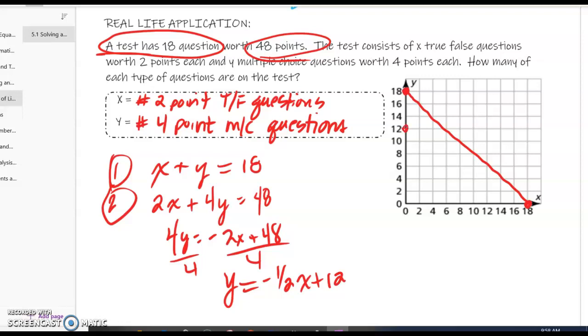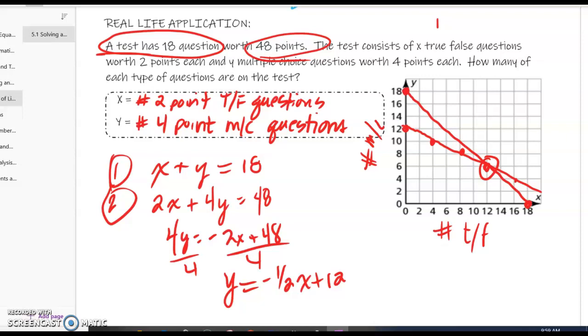Okay, so that means my y-intercept is 12, and I go down 1 over 2, down 1 over 2, down 1 over 2. Okay, so it looks like my point of intersection, and you guys obviously with a straight edge can see this much better than what I did here, but I think this is my point of intersection. And I also should have labeled, this is my number of true-false, and this is my number of multiple choice questions, and that helps me easily identify my answer.